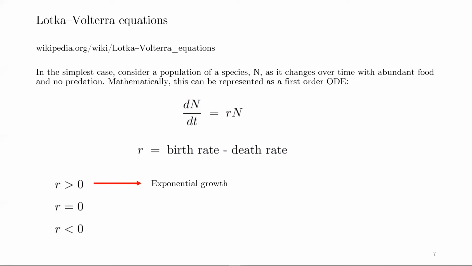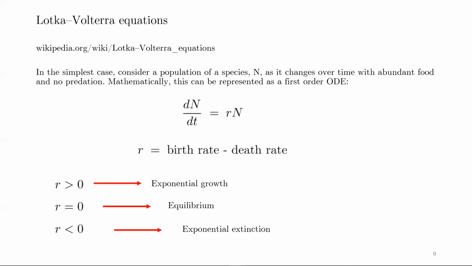If the birth rate exactly matches the death rate, in other words, r equals 0, then we reach some kind of equilibrium, and we can see that in the equations as well. If r is 0, dn by dt is equal to 0, so we get no growth. And then again, if the death rate is larger than the birth rate, or in other words, r is negative, then we get an exponential extinction of this prey, of this species.